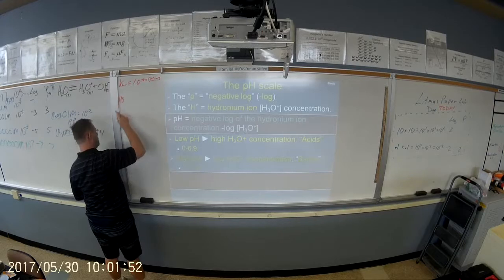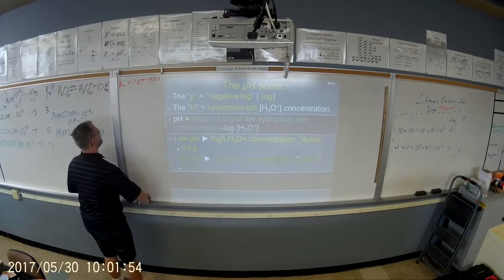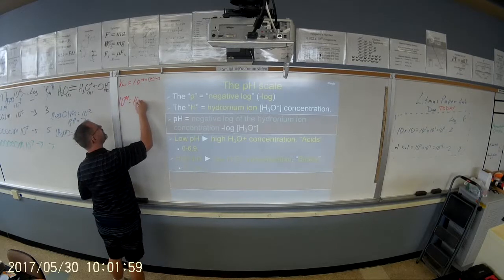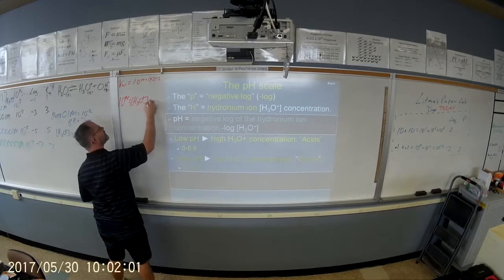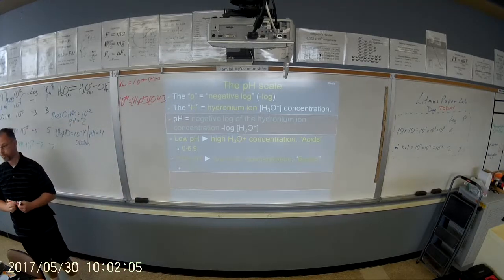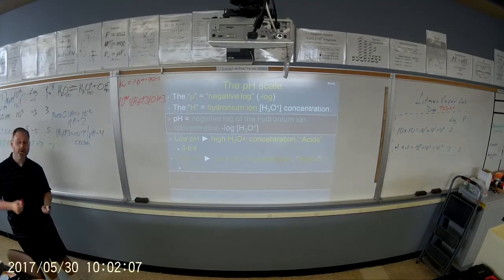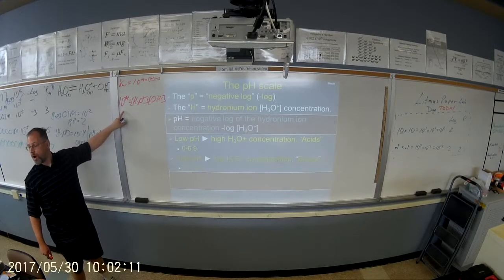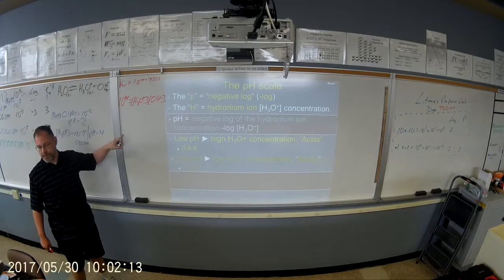So 10 to the negative 14 is equal to the hydronium ion concentration times the hydroxide ion concentration. The hydronium ion concentration times the hydroxide concentration will always be 10 to the negative 14.